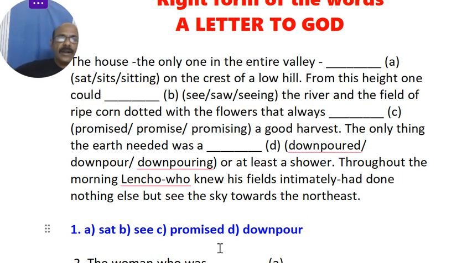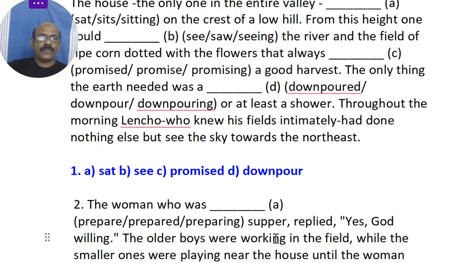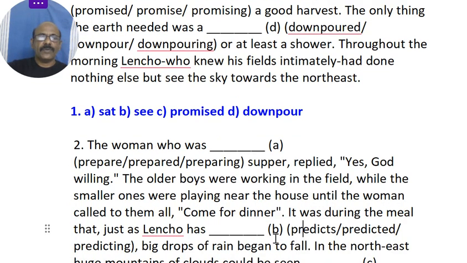But according to the rule, to plus V1, sometimes we use that. Here we use one rule, that is could plus V1: see. Sat and promised we have taken because the sentence is in the past tense. Downpour is a noun. You take this only by understanding the lesson. Next, coming to the second one.